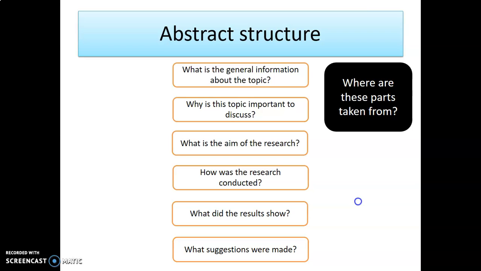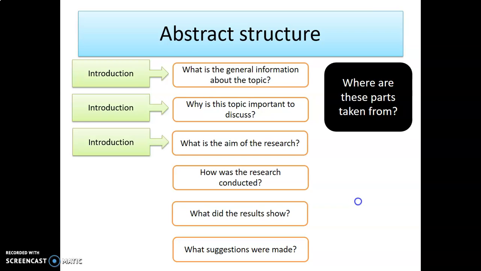All right, let's see. So the first three parts we took from the introduction. If you remember, we write about general information, some background information, importance of the topic, and the aim in the introduction. And we write all that in present tense.